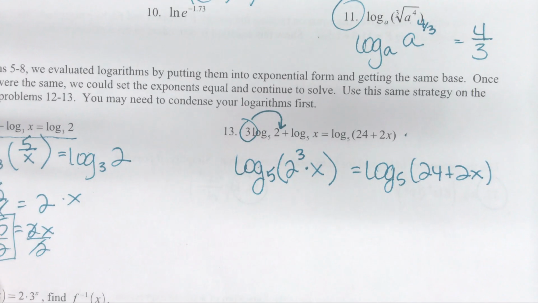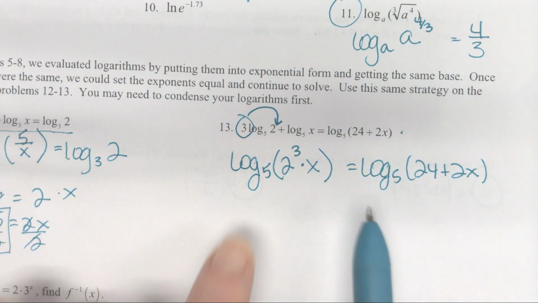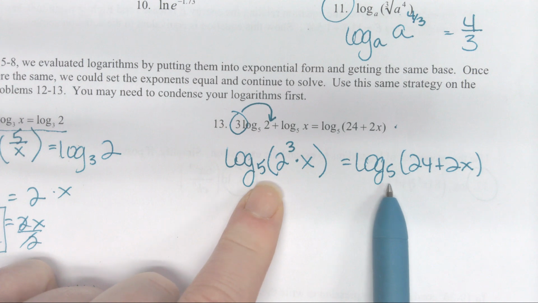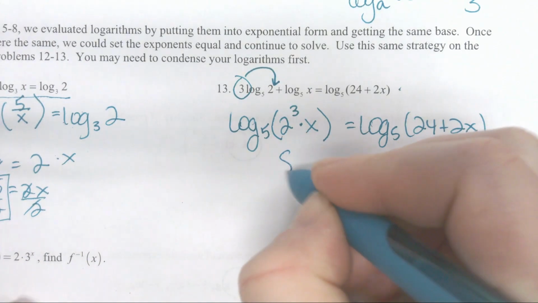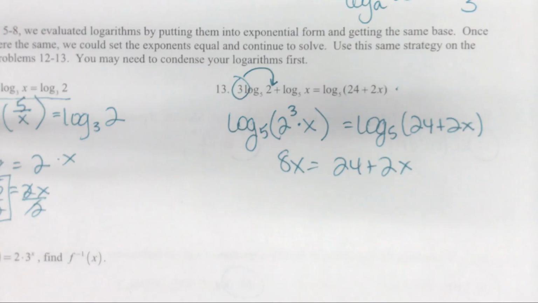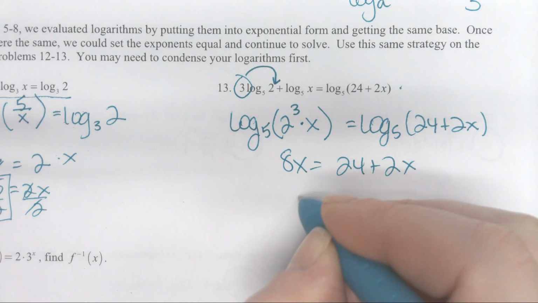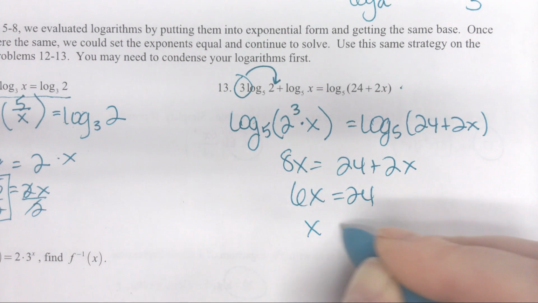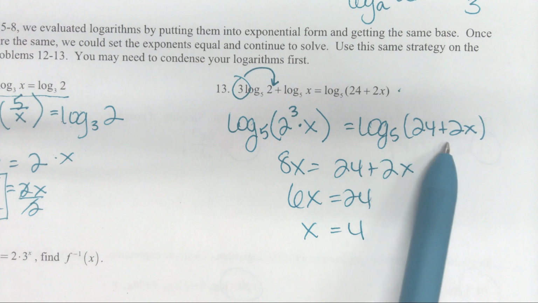Okay, do we all agree 2 cubed is 8? Do you also both see how these are both log base 5? What was the resulting equation I could solve? Would you solve that for me? And once again, we just want to double check that that would make these greater than 0, so we don't get an extraneous answer.